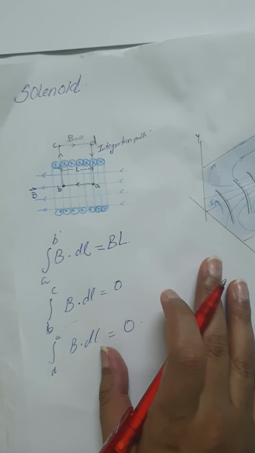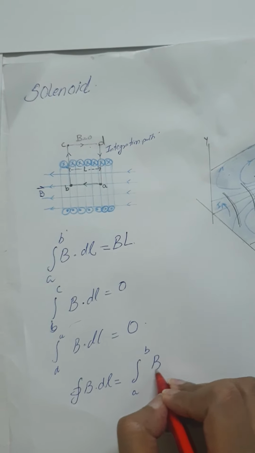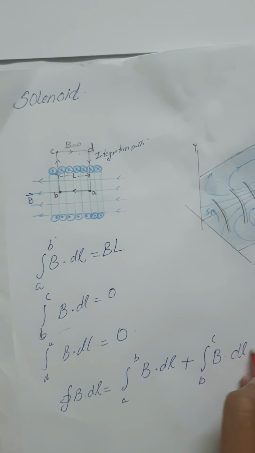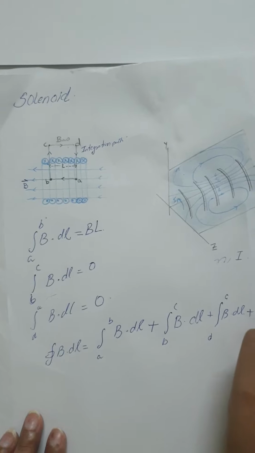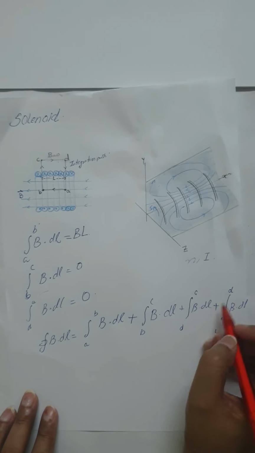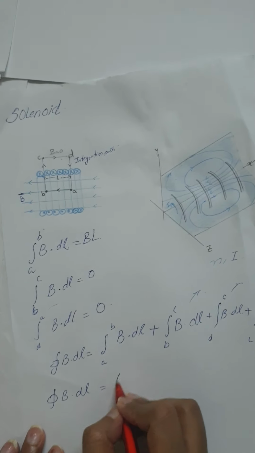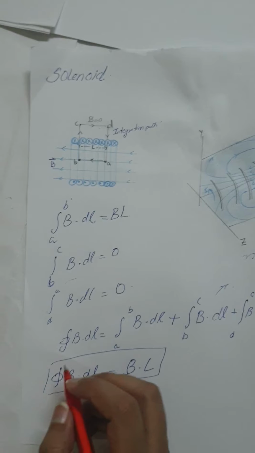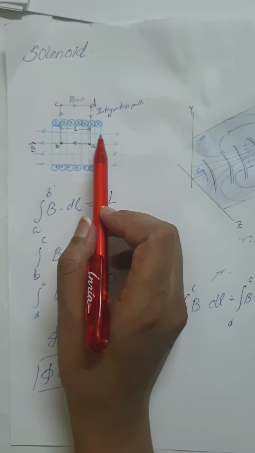So for the entire closed path, the integral of B dot dl reduces to BL.